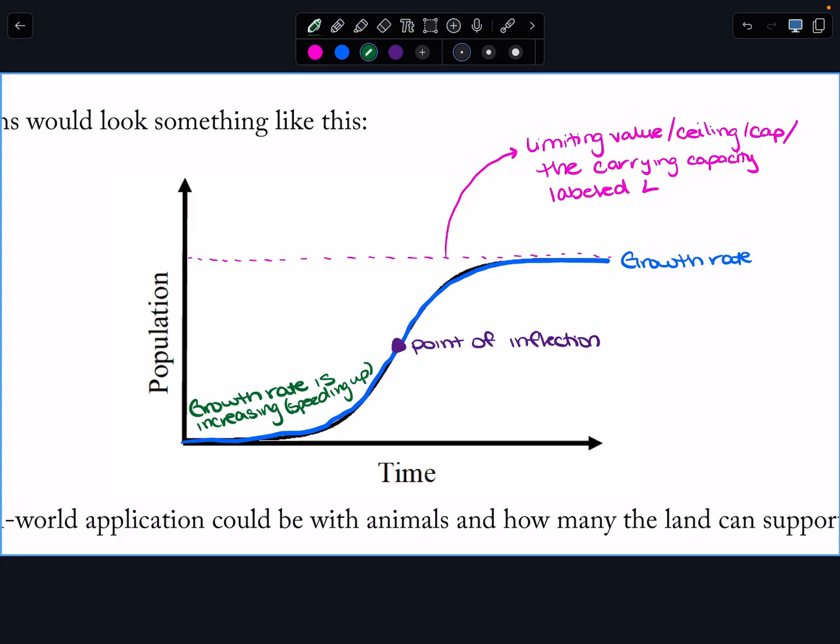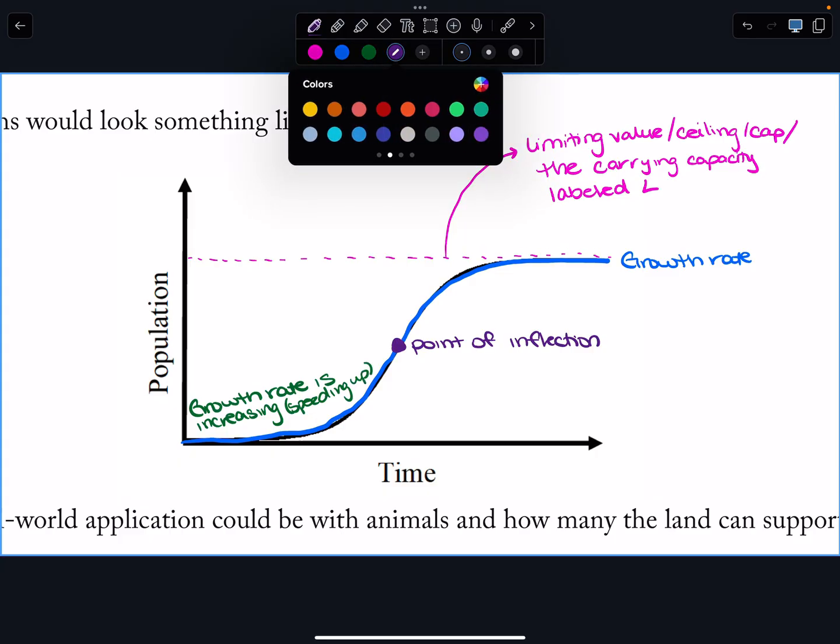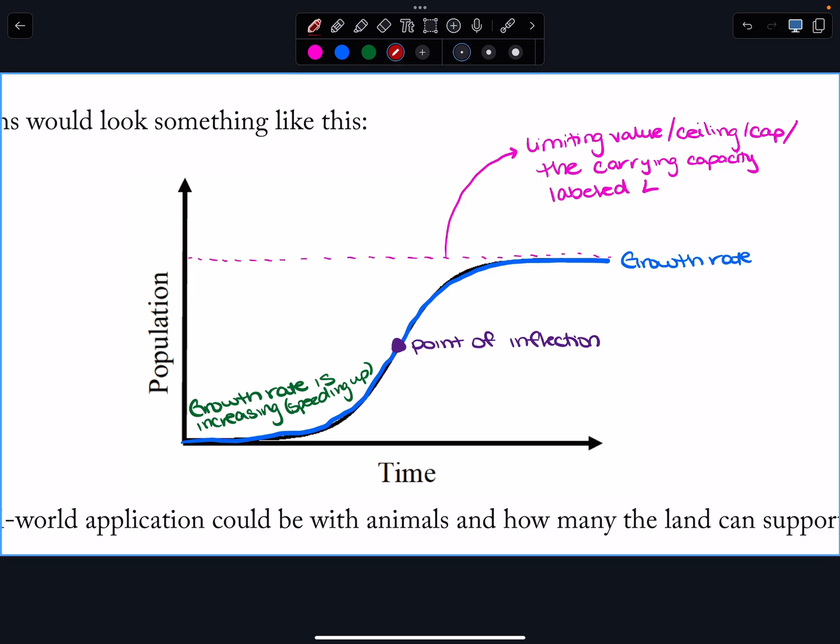And then on the other side, we say the growth rate is decreasing or slowing down. And it's slowing down because it's getting closer to this asymptote of where I can't be over it.